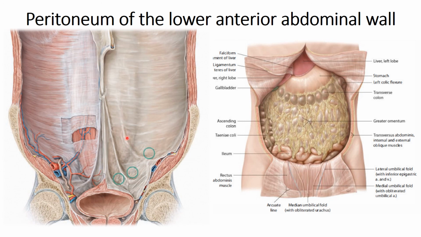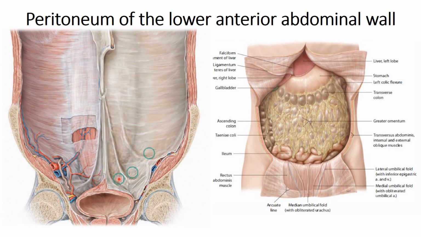Now just lateral to it is this lateral umbilical fold, which is raised by the inferior epigastric vessels, and though it is known as the lateral umbilical fold, it doesn't reach up to the umbilicus, rather it reaches up to the arcuate line in the rectus sheath. Now between these raised folds there are some fossae.